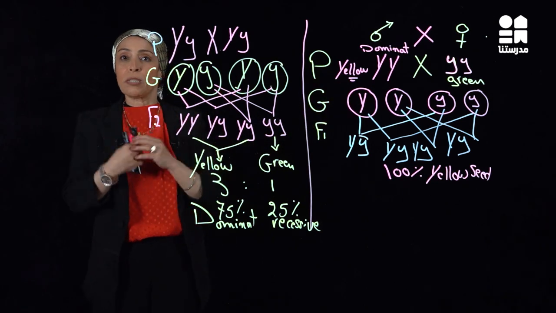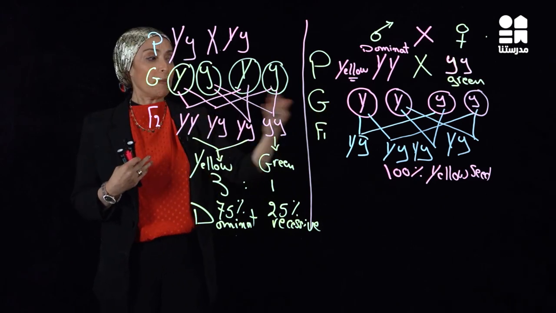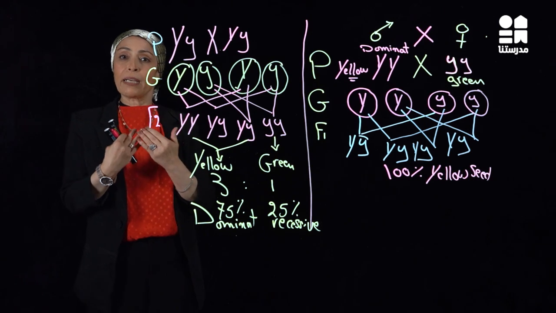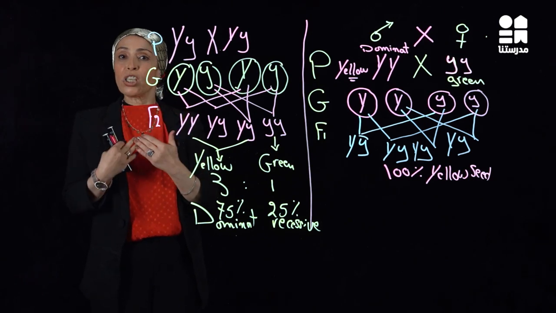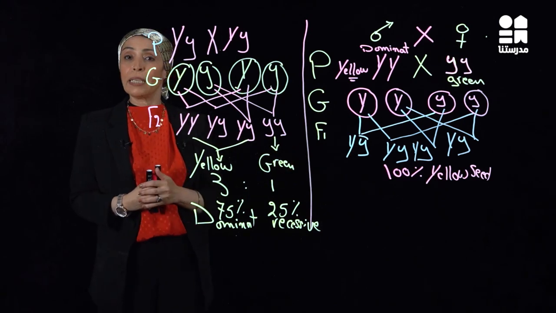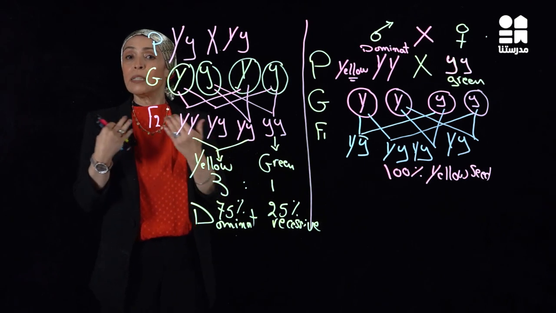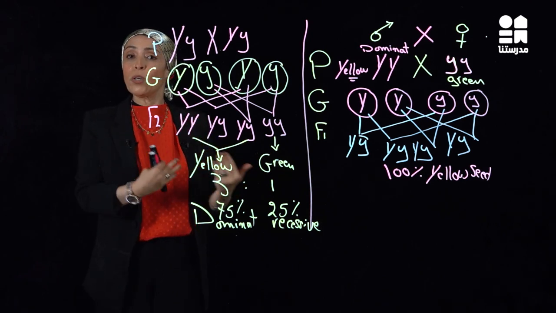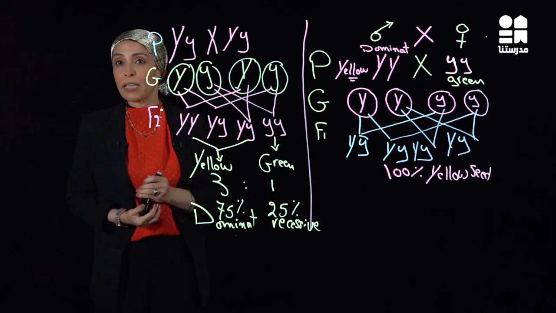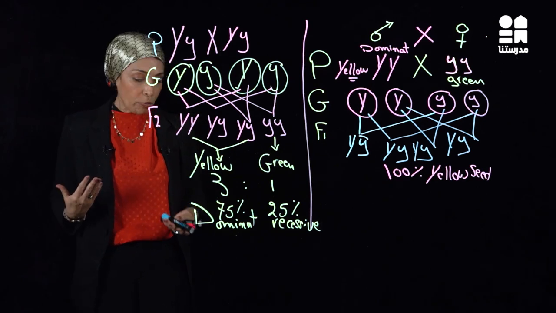Separation happens in the gametes. Then after fertilization they mate together and give the generation. In the first generation 100% dominant, and in the second generation dominant to recessive is 3 to 1, or 75% dominant and 25% recessive. This is an example to prove Mendel's principle.